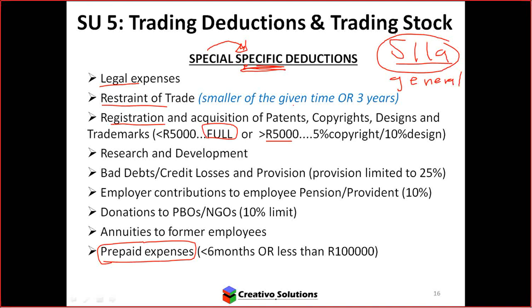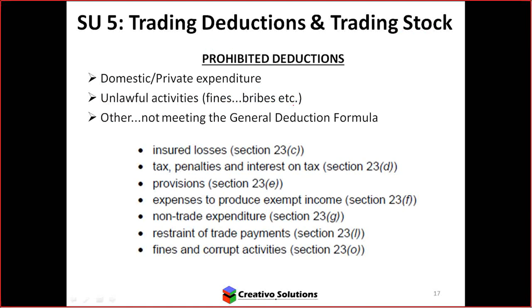Right, but as long as it's part of your income, and as long as it's less than 100,000. Yeah, the 5,000 thing was the trademarks and stuff, patents. That was it.